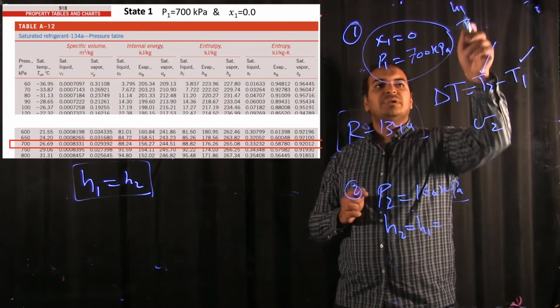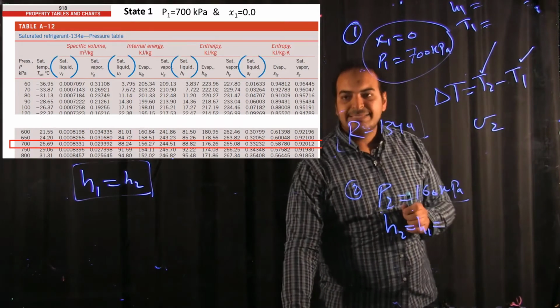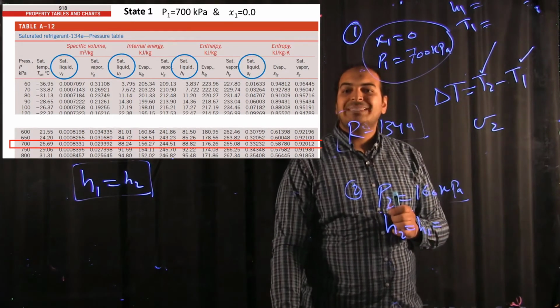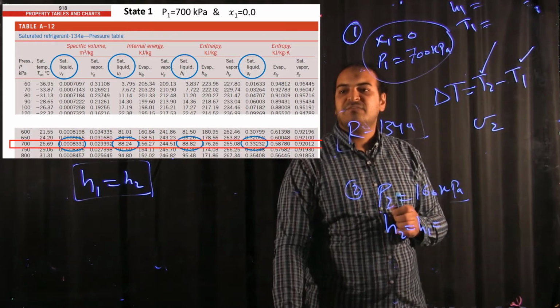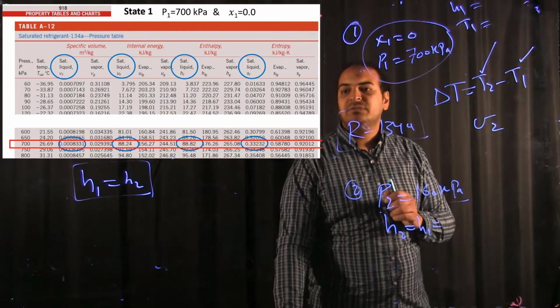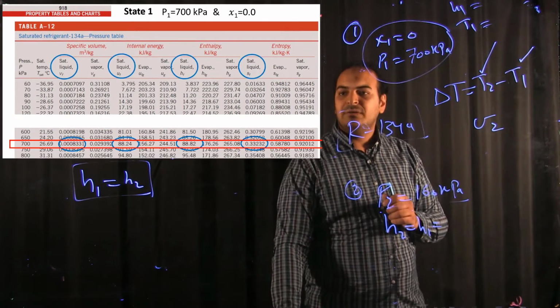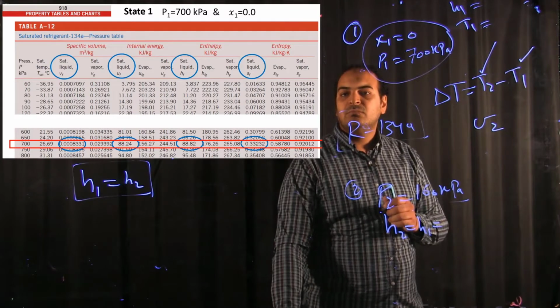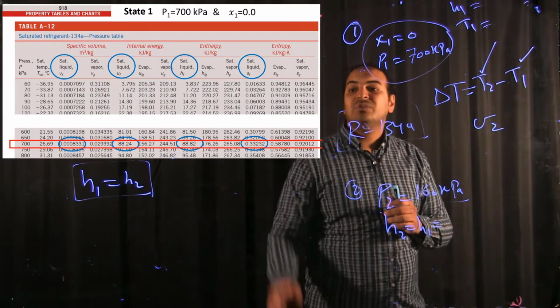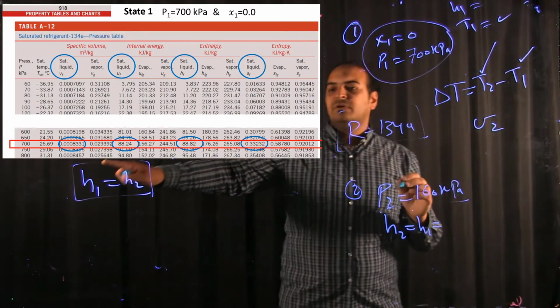We need H1, we need T1. That's simple because everything is X equals 0. It means saturated, subscript F. Just take these values. The first one is VF, V1, if you want it. We don't want it. U1, we don't want it. H1, we want it. We want T, so we take the T, before VF.